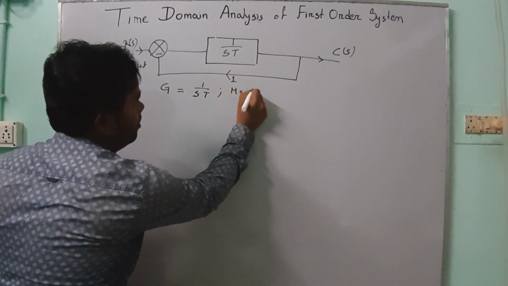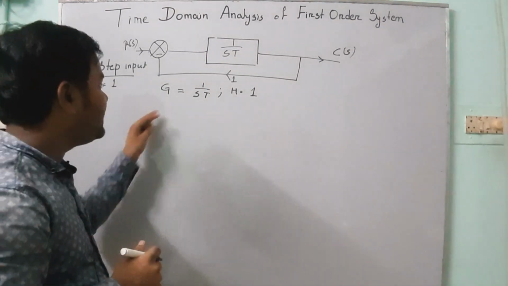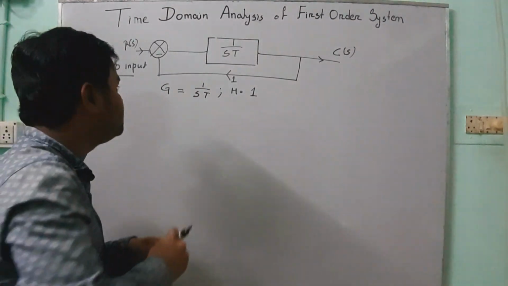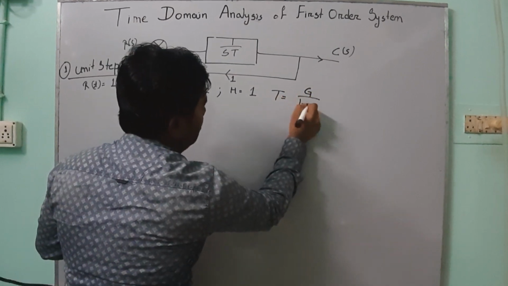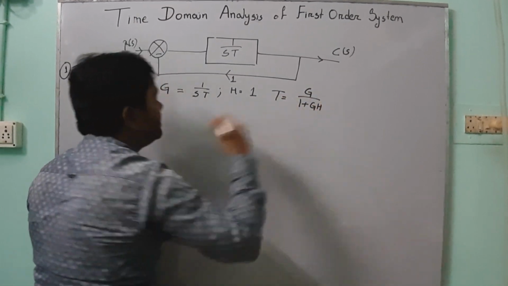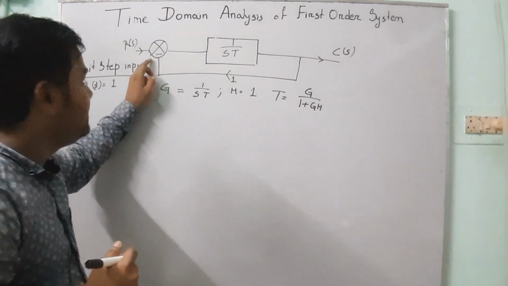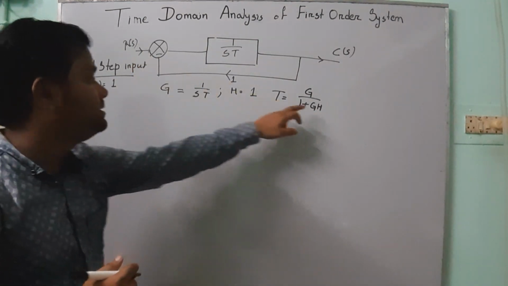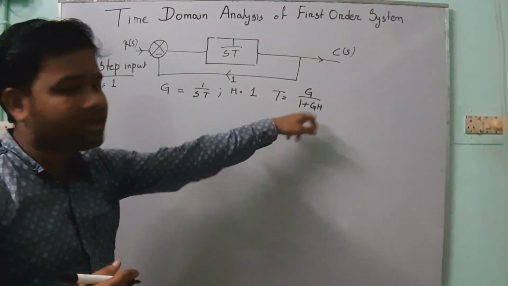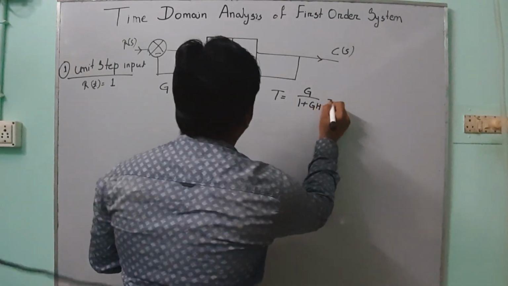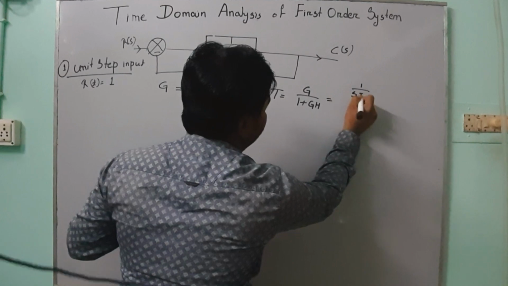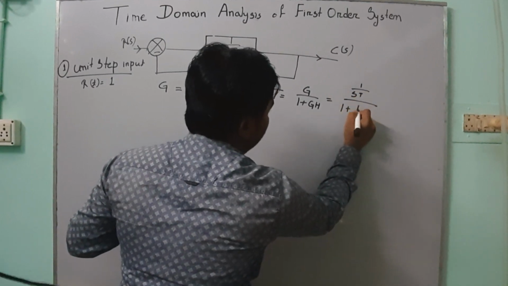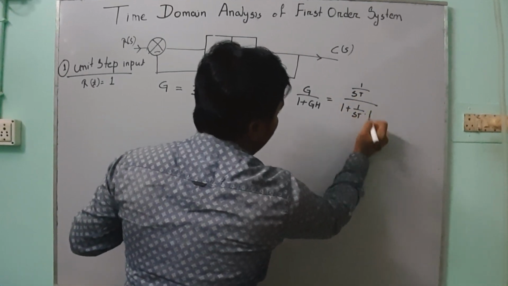We know that the transfer function T is equal to G divided by 1 plus G into H, because it is a negative feedback. If it is a positive feedback, then it will be minus here. So what is the value of the transfer function here? G is 1 by sT, so 1 by sT divided by 1 plus 1 by sT into 1.